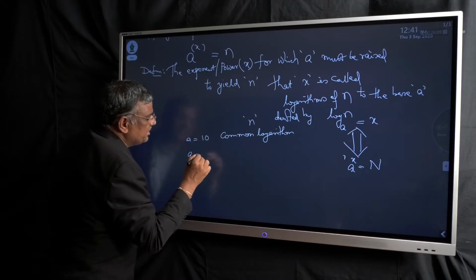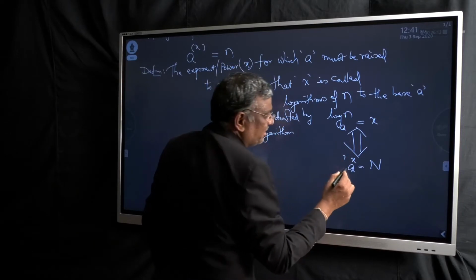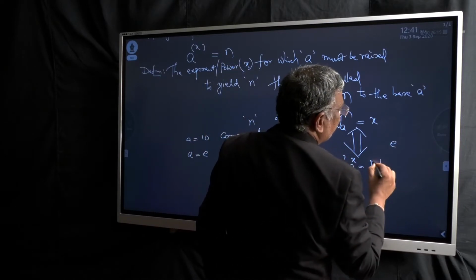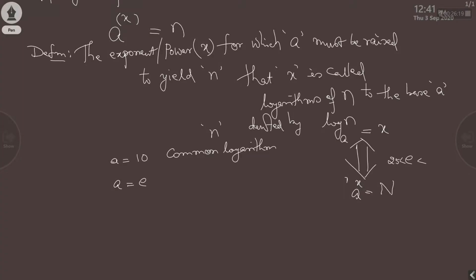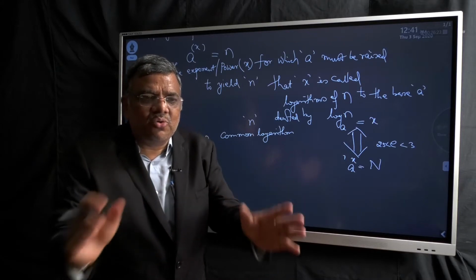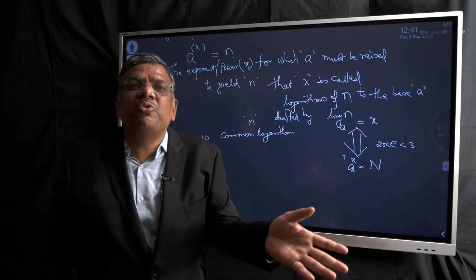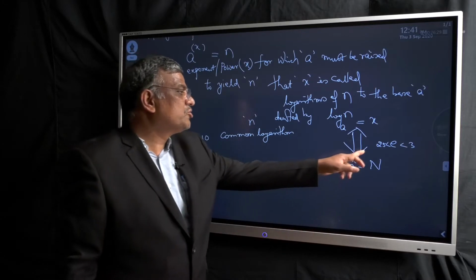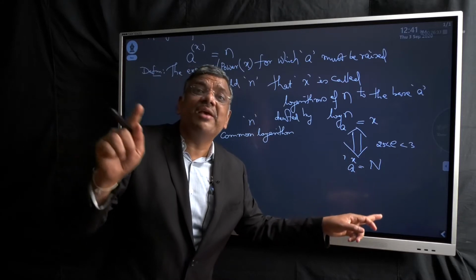If a is equal to e, you remember that e is a fixed number, in between 2.5 and 3, approximately 2.75. So e has the full quality to become the base of a logarithm.